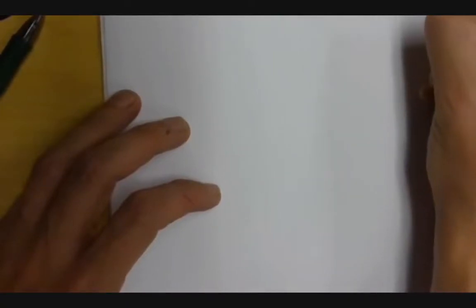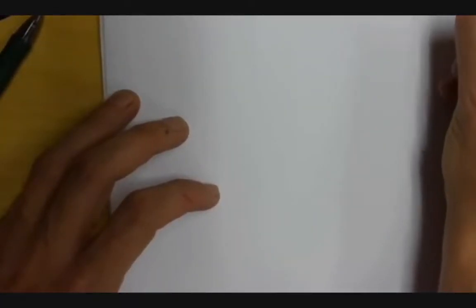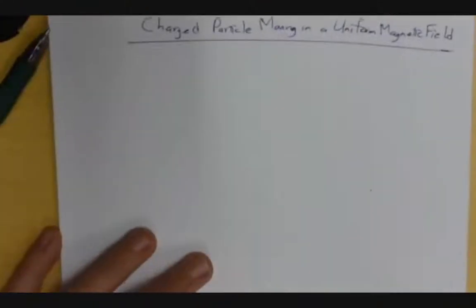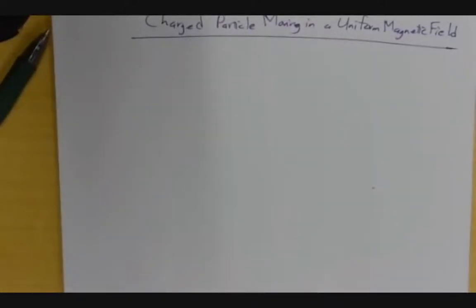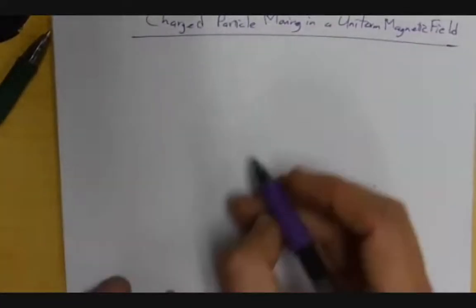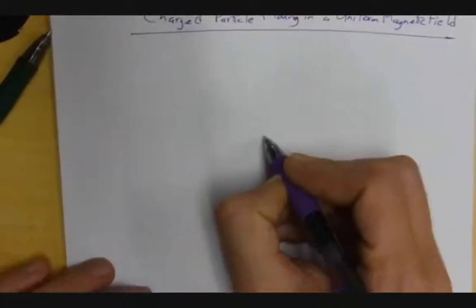So B is a constant vector, constant magnitude, constant direction at all points that are relevant for the next couple minutes here. So I'm going to set this up, and I'm going to do the easy scenario where the object's going to start out moving perpendicular to B. And I just want to think to myself which way I want to write this. So I'm going to show the object starts out right here.